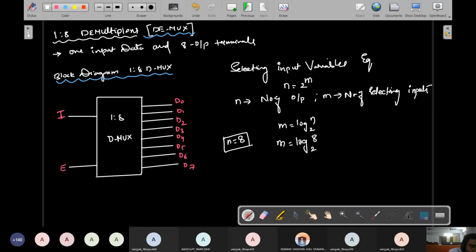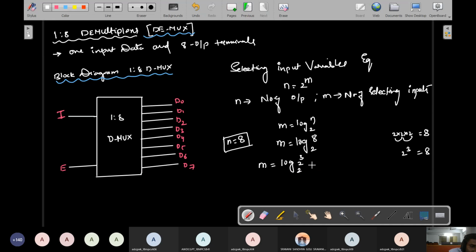Now 8 is 2 into 2 into 2, 2 twos are 4, 4 twos are 8. So 8 is represented by 2 cube.